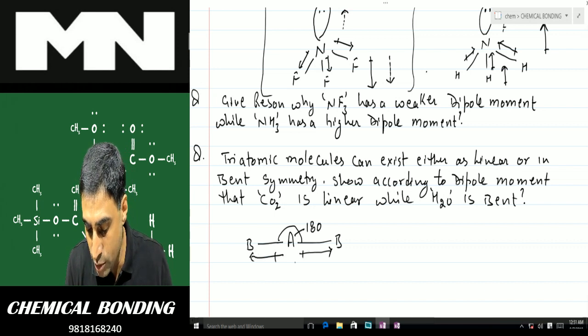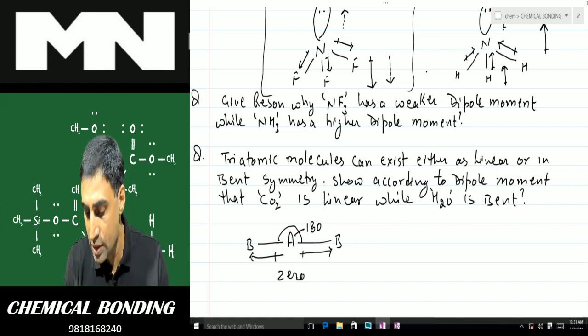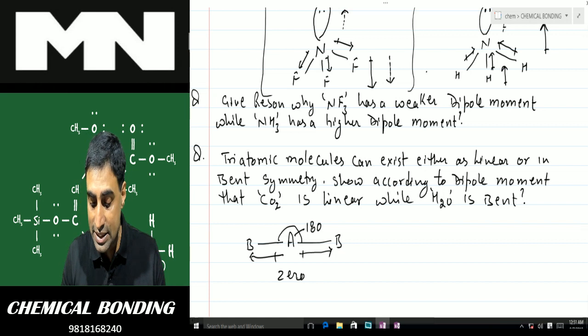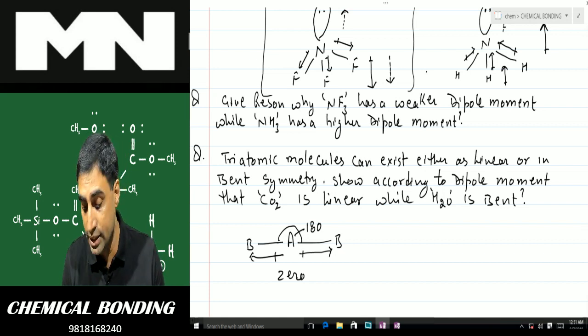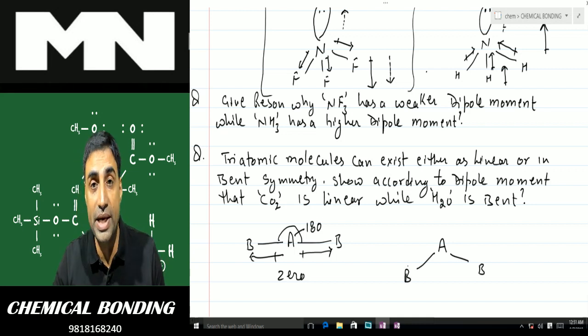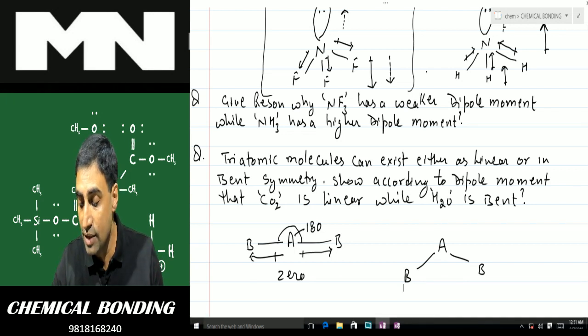So resultant dipole moment will be 0. Whereas if I either decrease this angle from 180 to lesser, or I increase this angle from 180 to higher, the symmetry will come like this. It will be like this. This one is bent. In bent, there is no zero dipole moment. You'll have a positive dipole moment in bent symmetry.